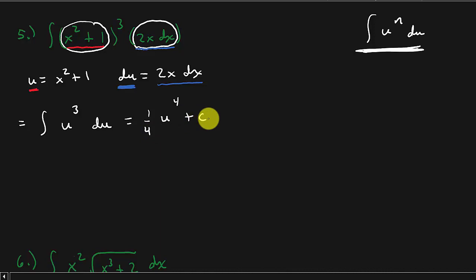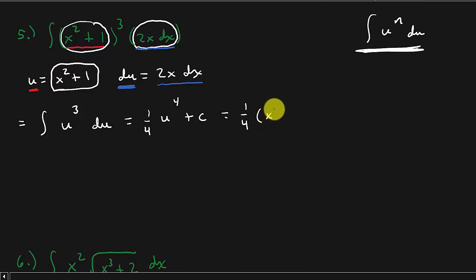Now, we're not done just yet. Our original problem is in terms of x. So we've got to get this back in terms of x. And so I'm going to get 1/4. Now I've got u to the 4th. Well, what is u? Well, u is x squared plus 1.